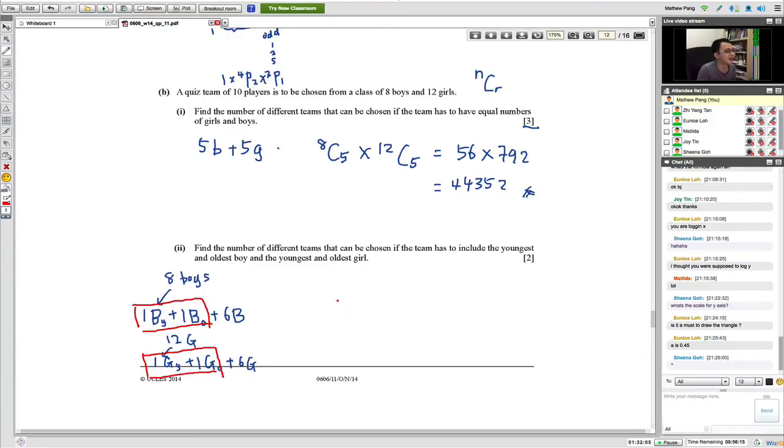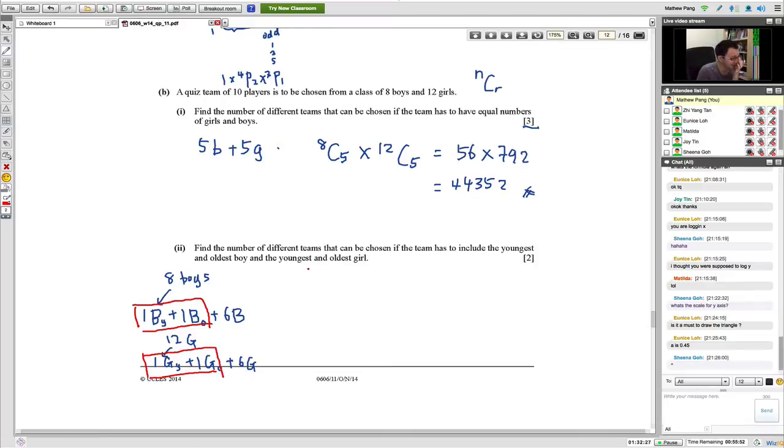So we will do the rest here. Let me think about this first. It must include these 2 persons. Only 2 marks, so it should be quite easy, I hope.